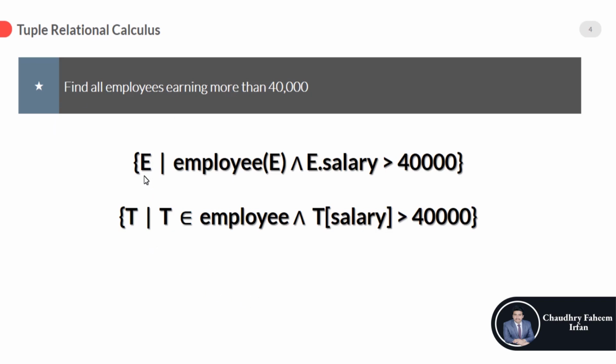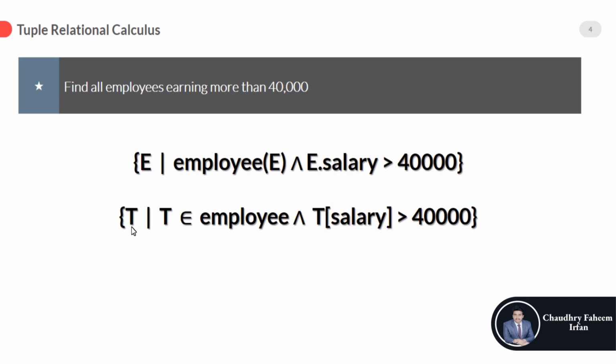We are going to select E such that E belongs to employee, and here is the symbol for AND in tuple relational calculus. E.salary, meaning tuple.salary, greater than 40,000.